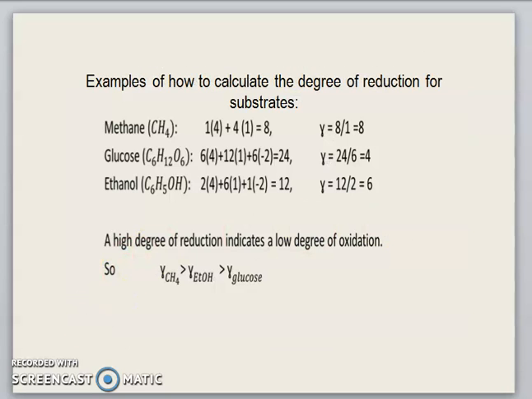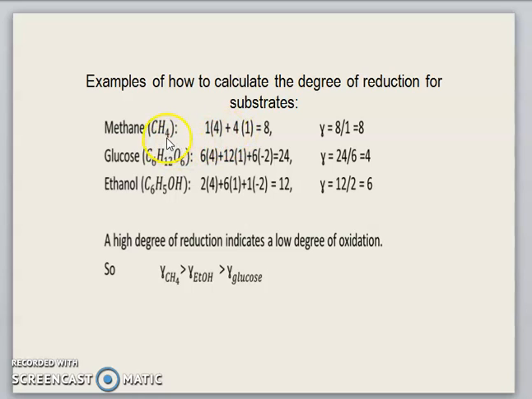Alright, let's see the examples of how to calculate the degree of reduction for the substrate. For example, you have methane as your substrate. We know that the empirical formula is CH4. So, 1 C times the degree of reduction of C, which is 4, plus hydrogen.